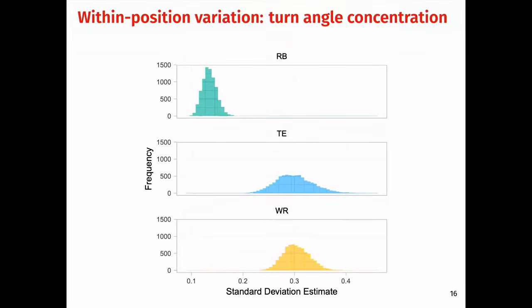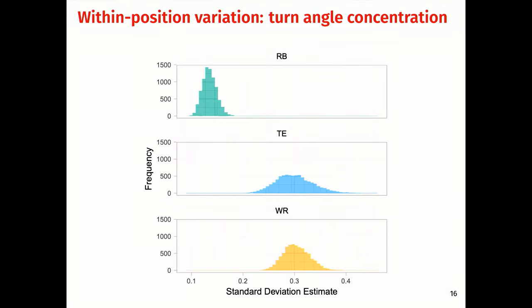And now, time for some results. First we look at the ball carrier random effect standard deviation for each position. Recall that in our model, we allow the random effect standard deviation to differ by position when modeling the turn angle concentration. Again, this tells us how much ball carriers within a given position vary in their turn angle concentration.